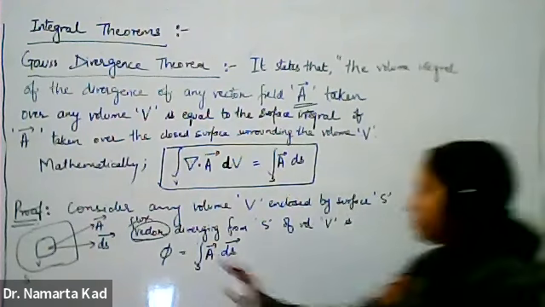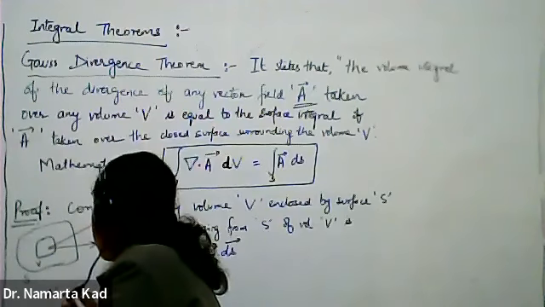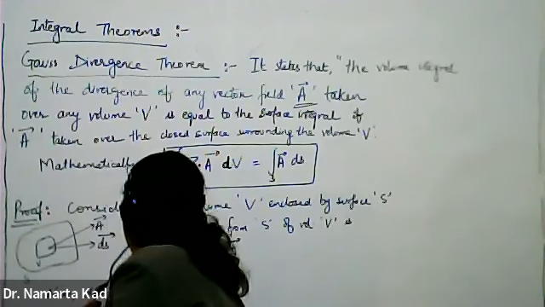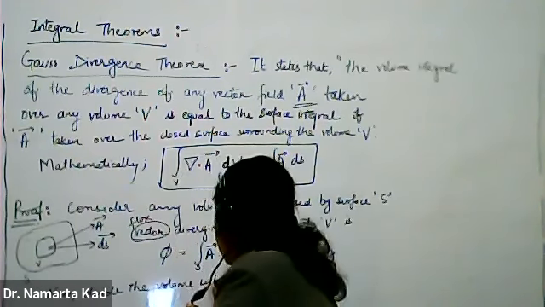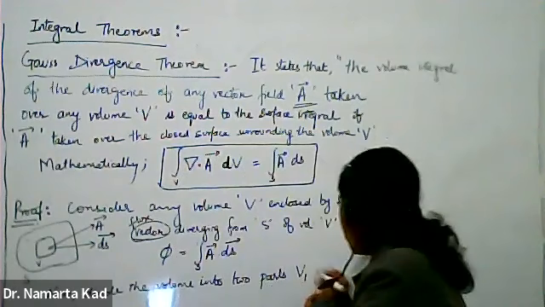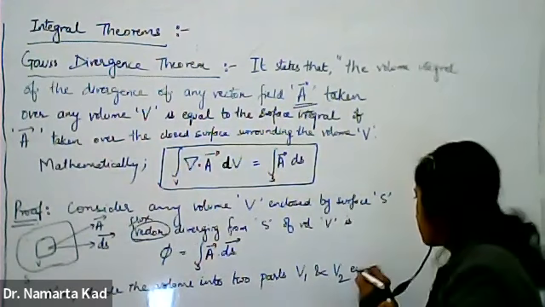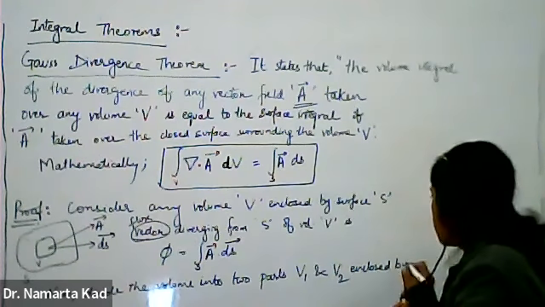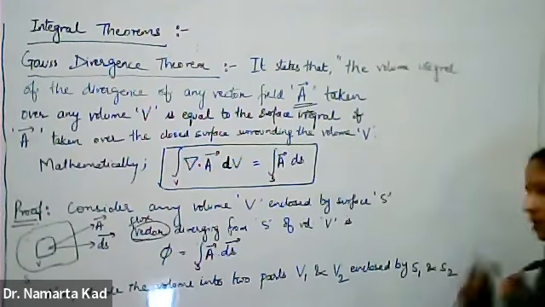Now in the next step, divide the volume into two parts, V1 and V2, enclosed by the surfaces S1 and S2.